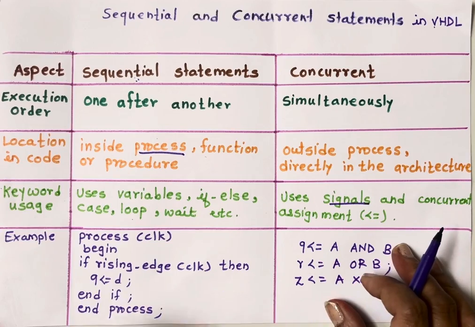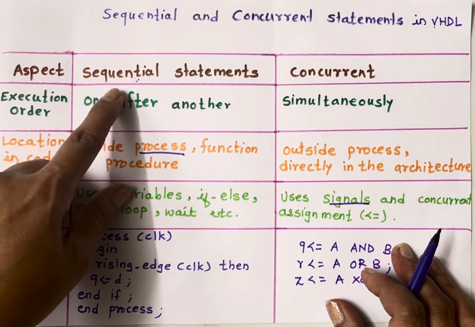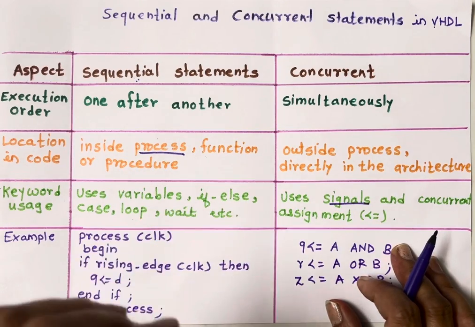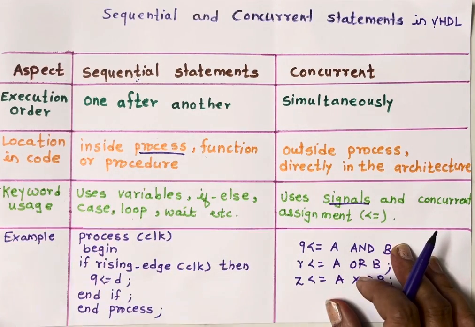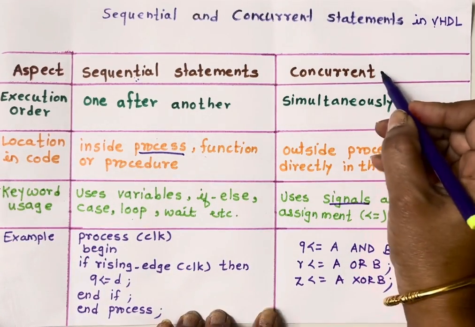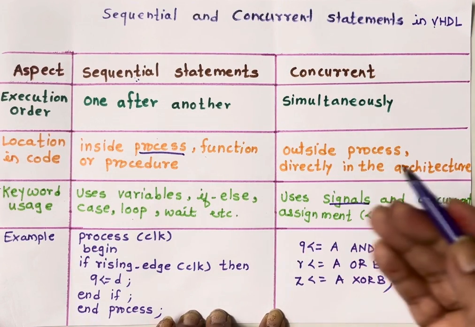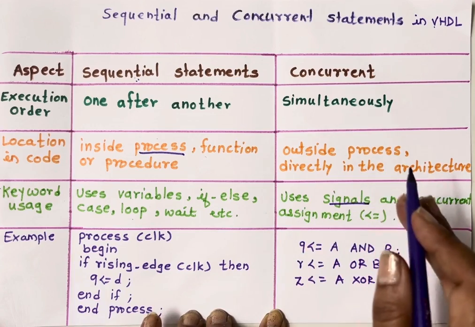So we use sequential statements to model memory elements like flip-flops, counters, registers, whereas we use concurrent statements to model combinational circuits like adders, subtractors, multiplexers, demultiplexers.